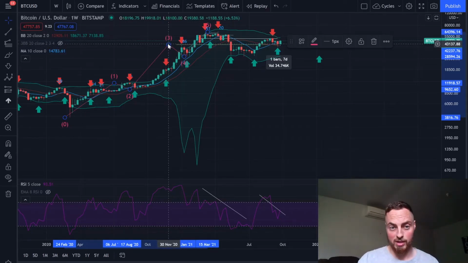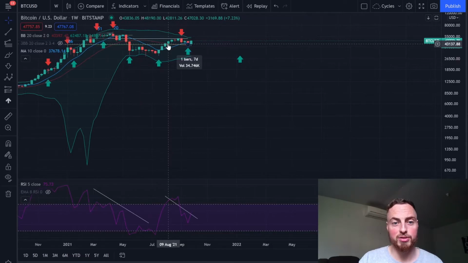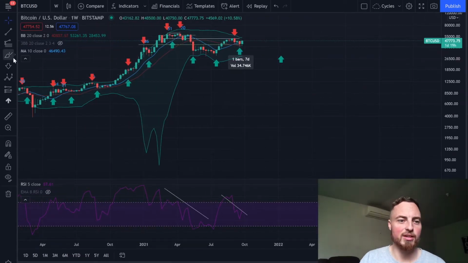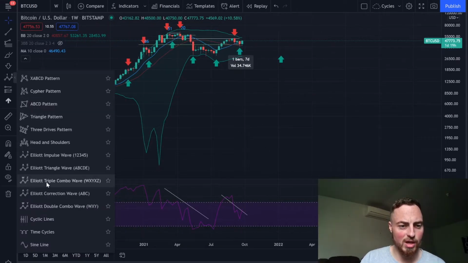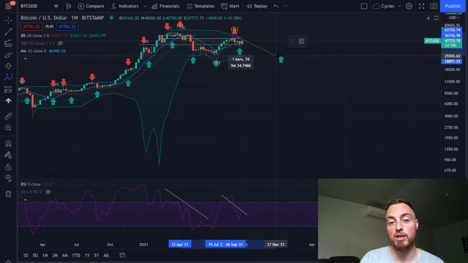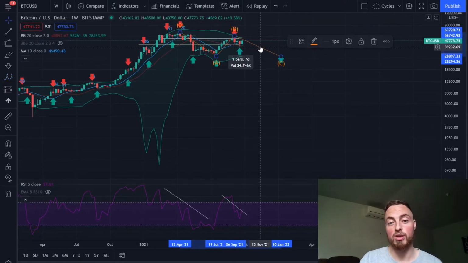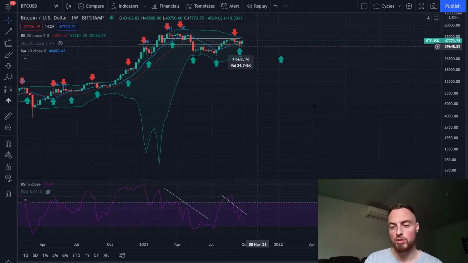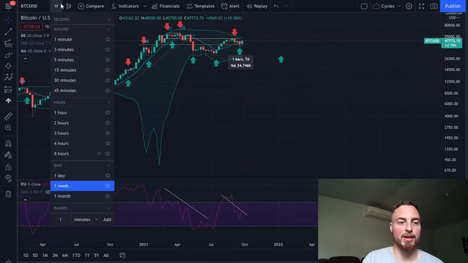And then, as Elliott Wave theory goes, there is an ABC corrective wave after a 5-wave sequence. So from here, it's wave 1, wave 2, wave A, wave B, and we'll probably look at a wave C. So it could possibly play out like that.